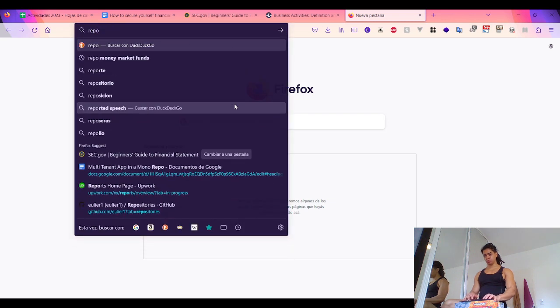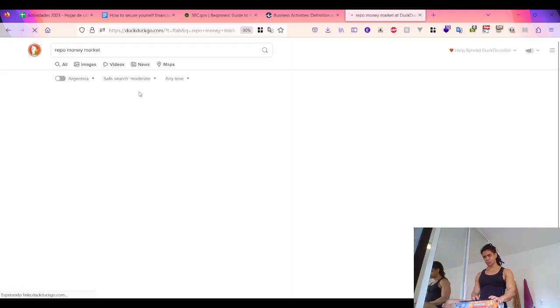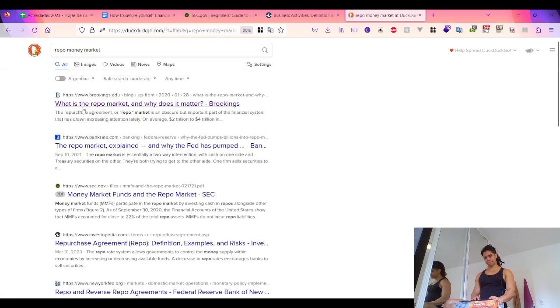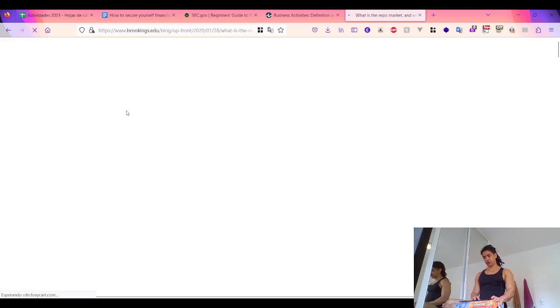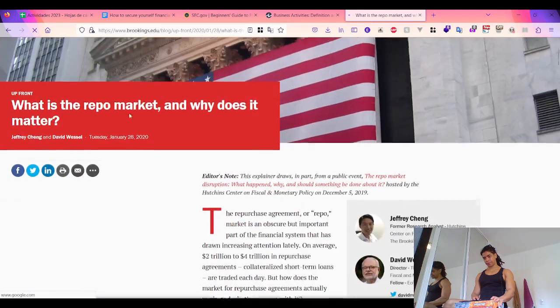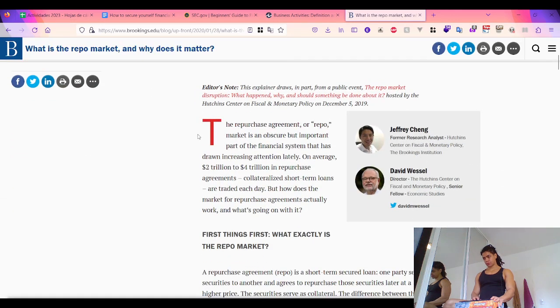So repo in the money market is an obscure but important part of the financial system that has drawn increasing attention lately.